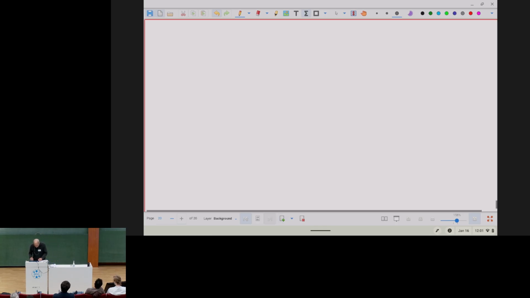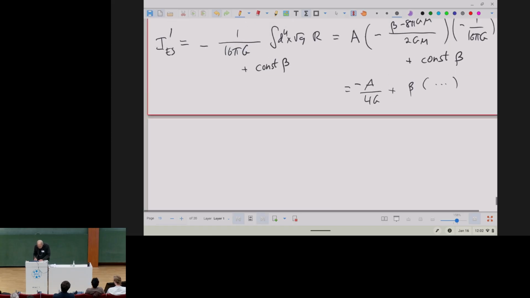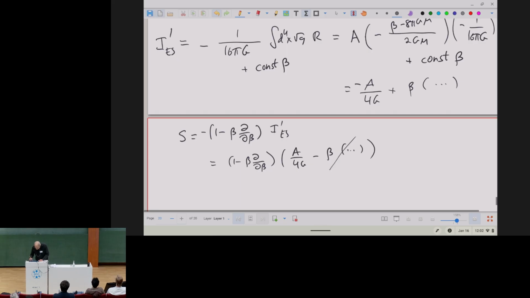So finally, the entropy is 1 minus beta d by d beta of the improved action, sorry, there's a minus sign here, of a over 4g minus beta times something. This doesn't contribute. And 1 minus beta d by d beta acting on a over 4g just gives a over 4g. So we get a over 4g for the entropy.